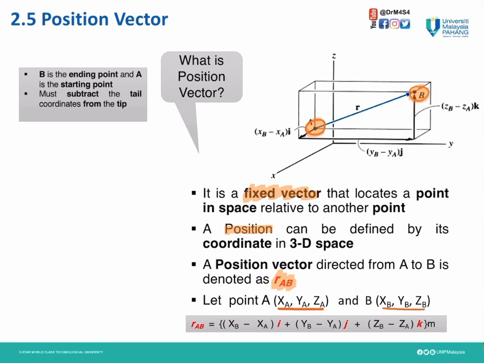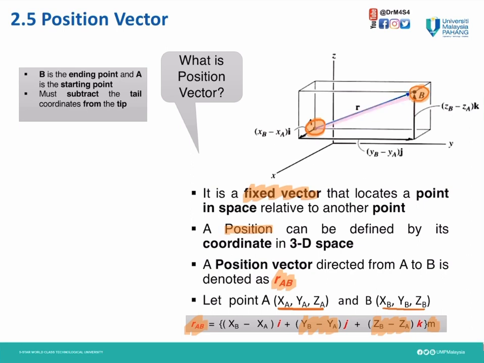To calculate the position vector RAB, for each axis, we take XB minus XA for i, YB minus YA for j, ZB minus ZA for k, and the unit is meter. So we can get our position vector RAB.